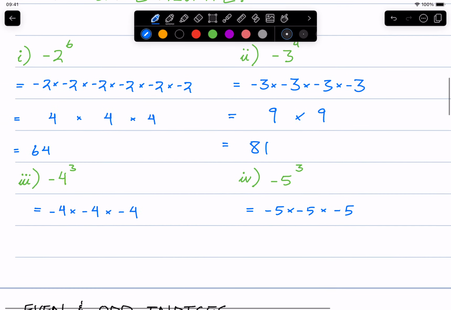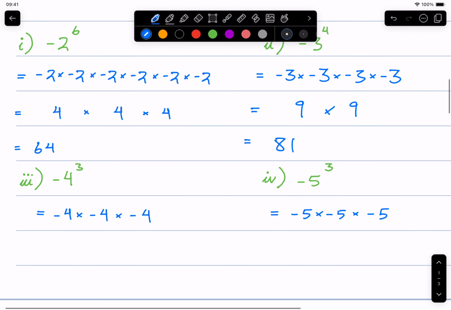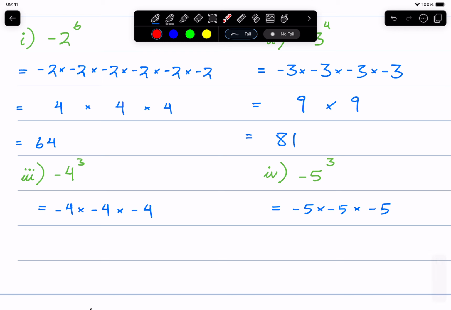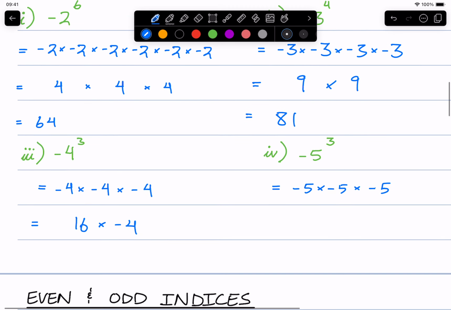Alright, so let's keep going here. Now, I hope you can see something interesting that will happen. When we try and do the pair method, we're trying to pair these up. So negative 4 times negative 4, that's going to give us positive 16. But now notice how with this one, it doesn't have a pair, so it must stay as a negative 4.